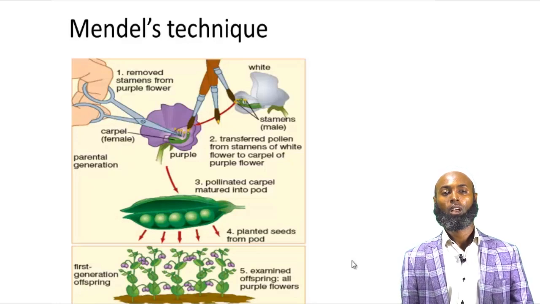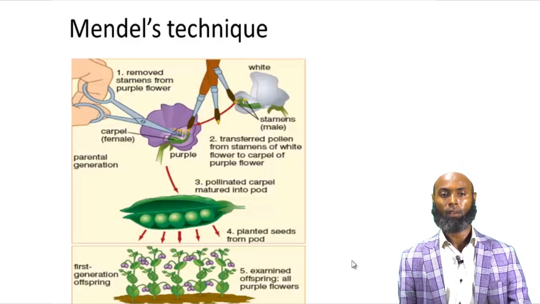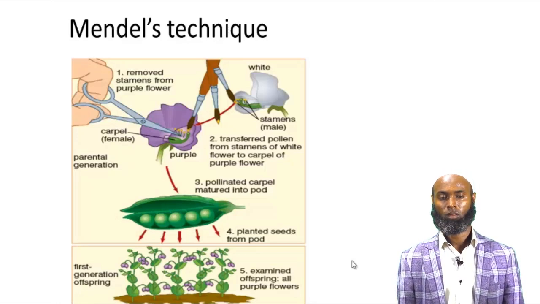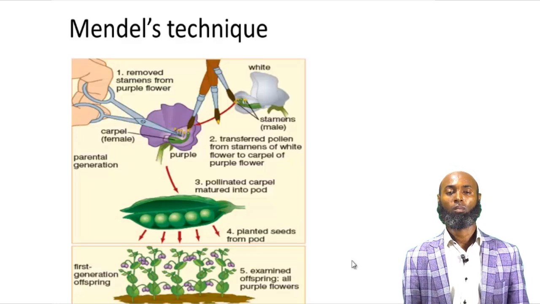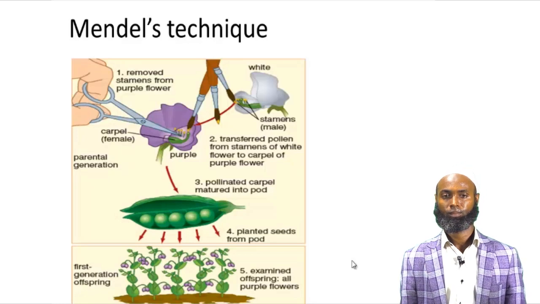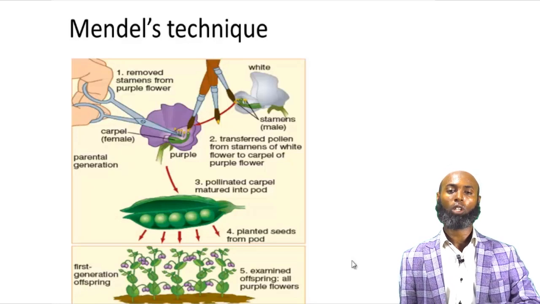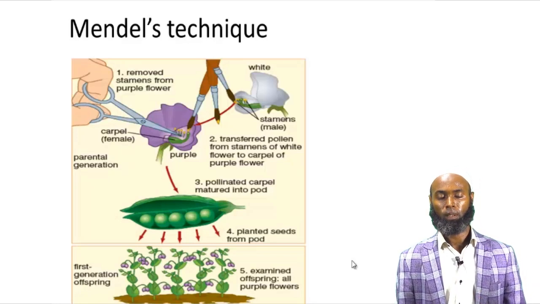And he lastly examined the F1 generation, the first filial generation of offspring. In fact, as you can see, all the flowers have become purple in color. The phenotype, or physical appearance, of all the flowers became purple.